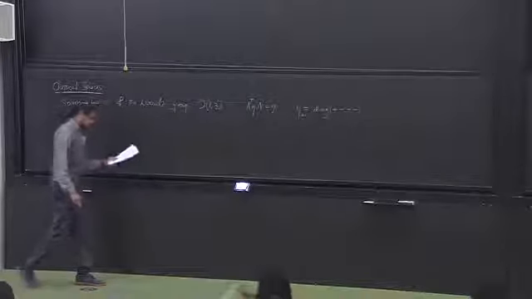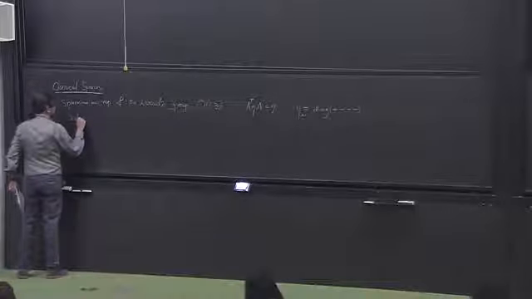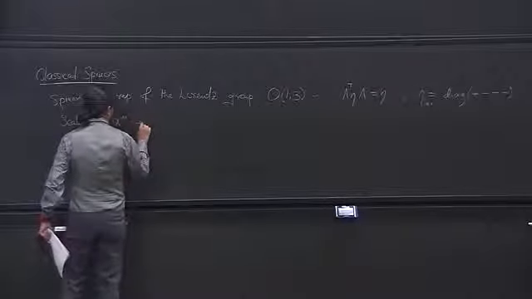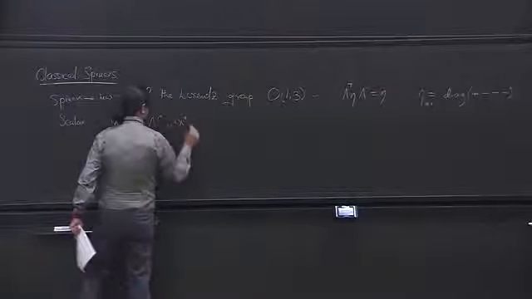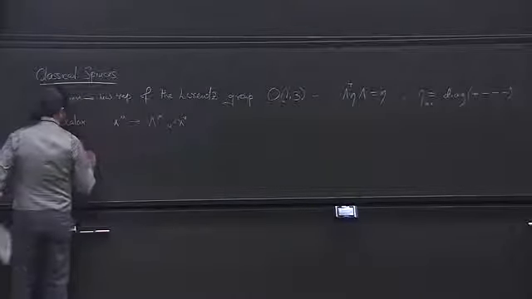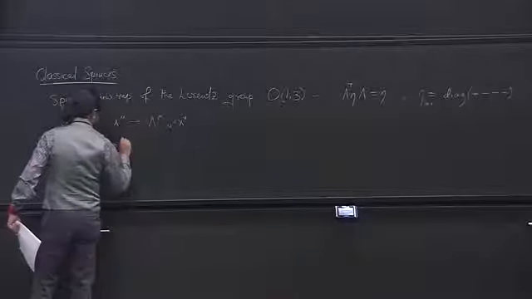Okay, so this is what we call the Lorentz group. Now let's remind ourselves what a scalar is. So if you make a Lorentz transformation on your space-time, then a scalar field phi is one that transforms in this way.